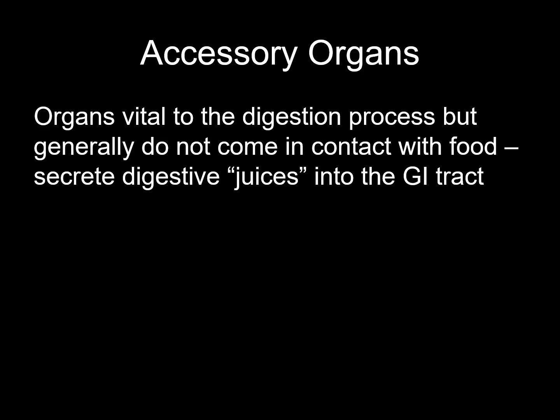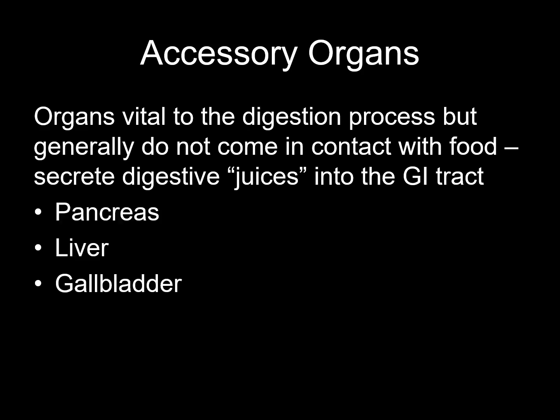So we've talked about all the organs that make up the tube of the GI tract, but we also have structures called accessory organs. Accessory organs are really important for digestion. We call them accessory because they usually don't come in contact with the food, but they secrete some sort of digestive enzyme or juice to help with chemically breaking down the food.